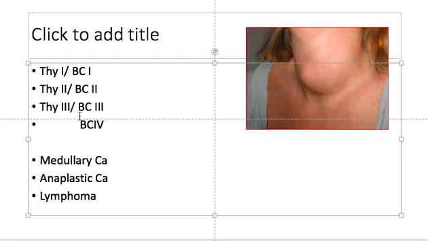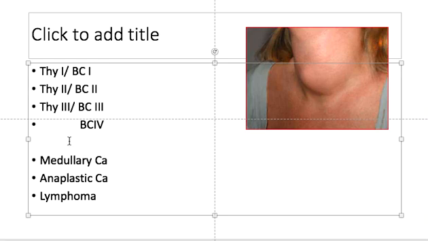Now what is the difference here? What happened? The Thy 3 in the Bethesda, they have broken into two categories. That is why after this level, Bethesda is one level above Thy, because Thy 3 is split into two. Thy 4 becomes Bethesda 5 and Thy 5 becomes Bethesda 6.